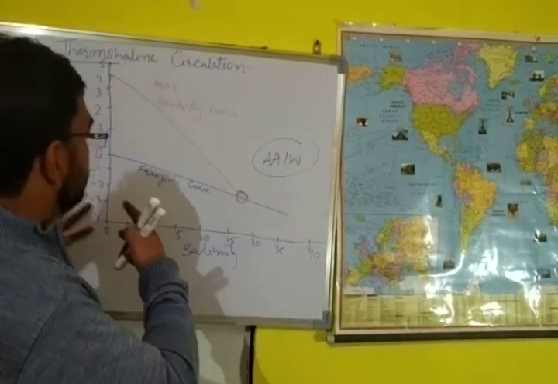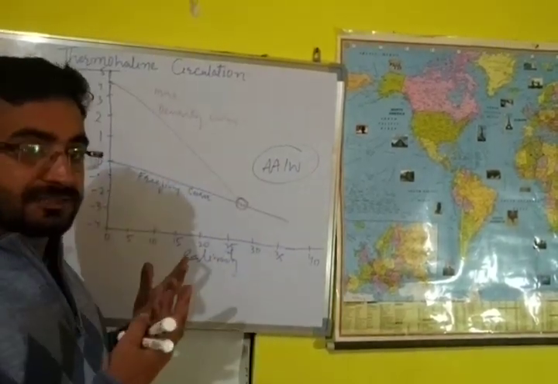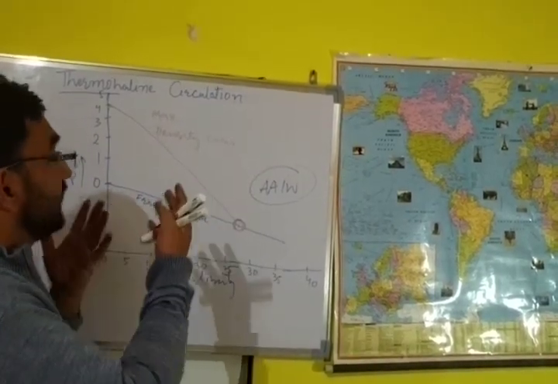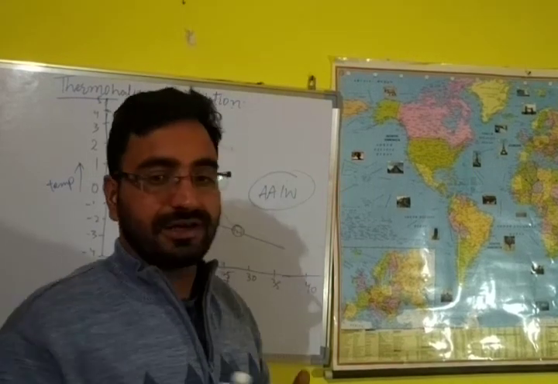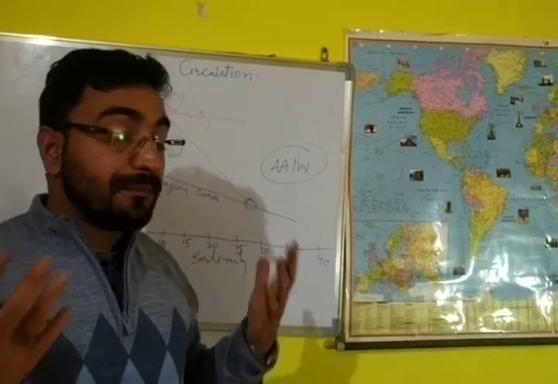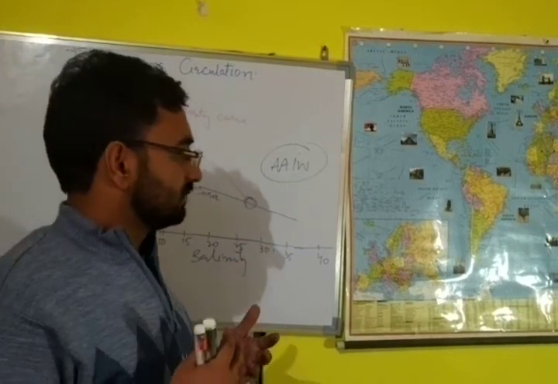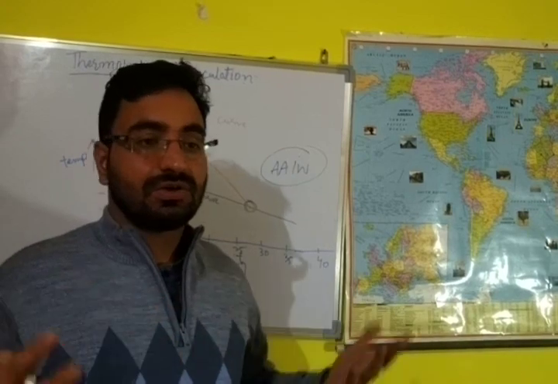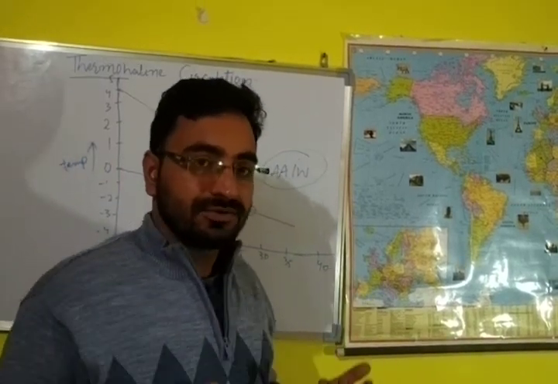And then we have seen how the freezing takes place, what is the relation between the salinity, temperature, freezing curve and maximum density curve, and we have seen the impact of this thermohaline circulation on the global climate. Thank you very much.